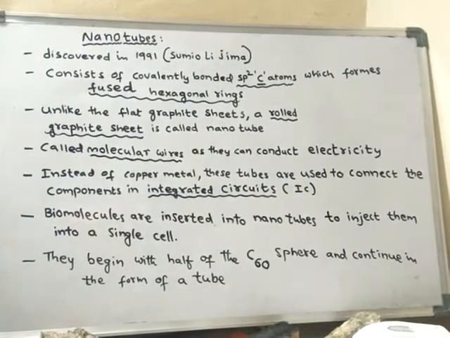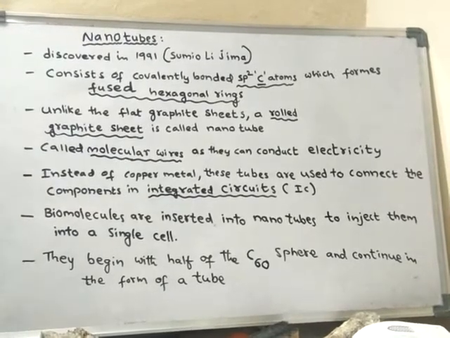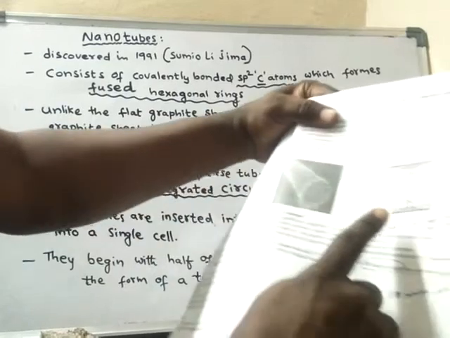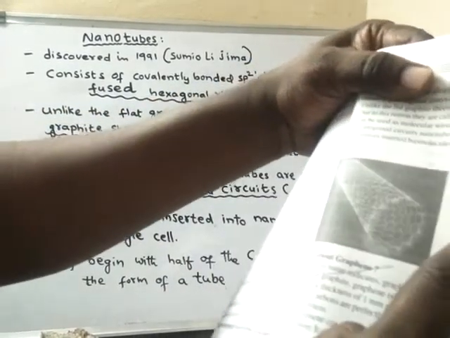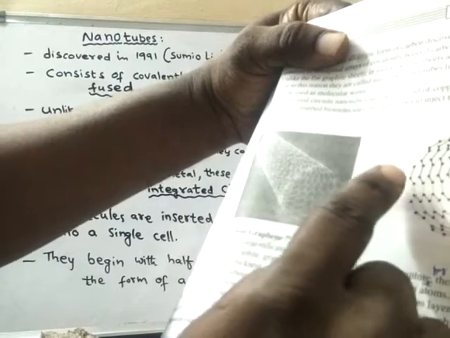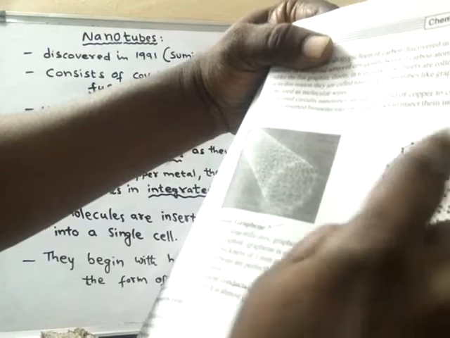That means hexagonal rings combine, they fuse with each other. So many hexagonal rings are fused with each other, and it forms a tube-like structure.